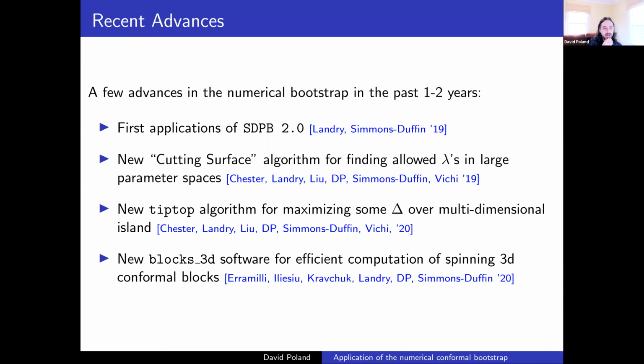I'll explain how this works more later, but this is called the cutting surface algorithm. Another development has been something called a Navigator algorithm, which is designed to help maximize some scaling dimension over a multi-dimensional allowed region or multi-dimensional island.